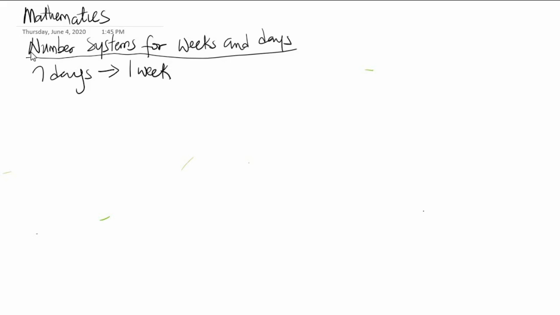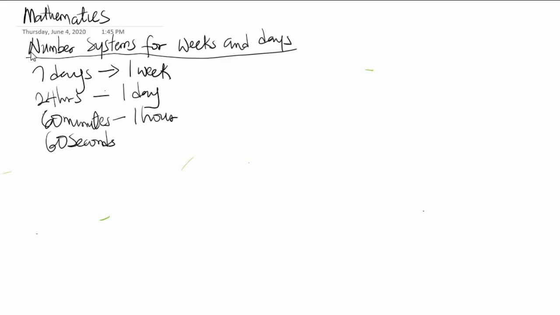We have 24 hours in 1 day. 60 minutes in 1 hour, and we have 60 seconds in 1 minute.